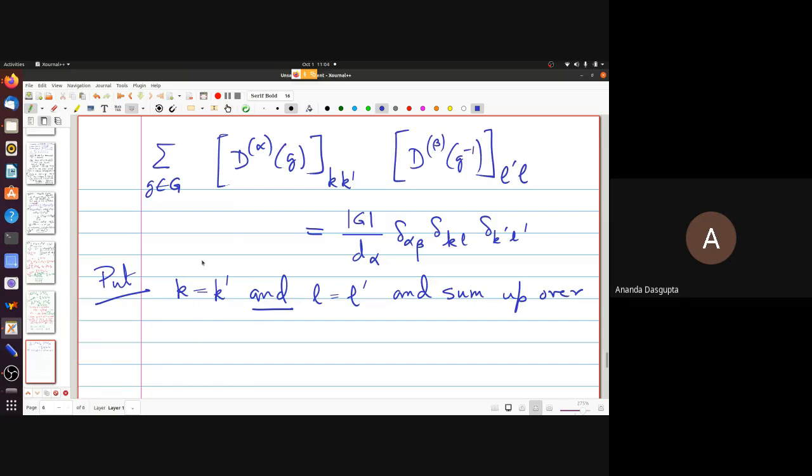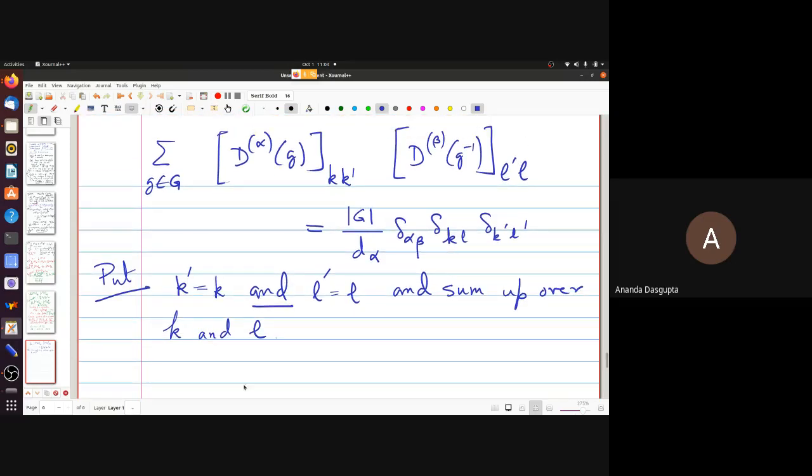Okay, when I say this, I'm really saying the wrong thing. I should say k' equal to k and l' equal to l. Make that choice. Then I have k and l as the only indices left, and sum over k and l. Of course, I do it to both sides of the equation.